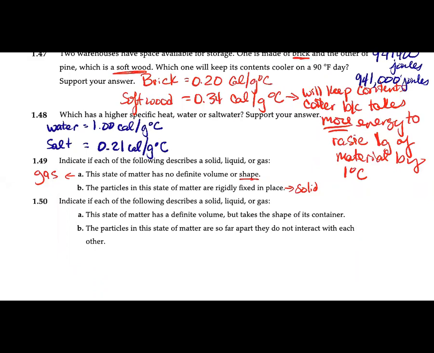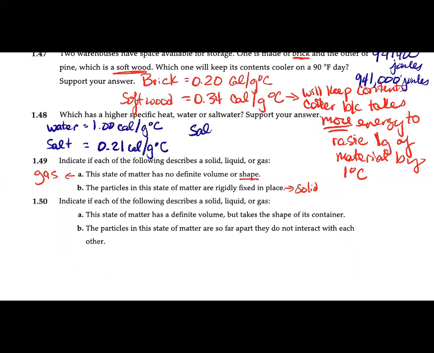So because salt has a lower specific heat than water, when we mix the two, the salt water is going to have a lower specific heat, right? Because we're basically adding these two components together. One has a high specific heat, one has a low. So then the mixture is going to be somewhere in between.